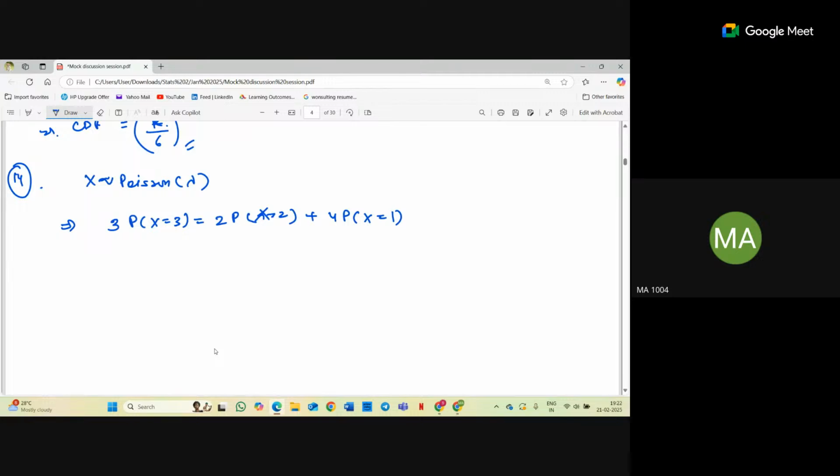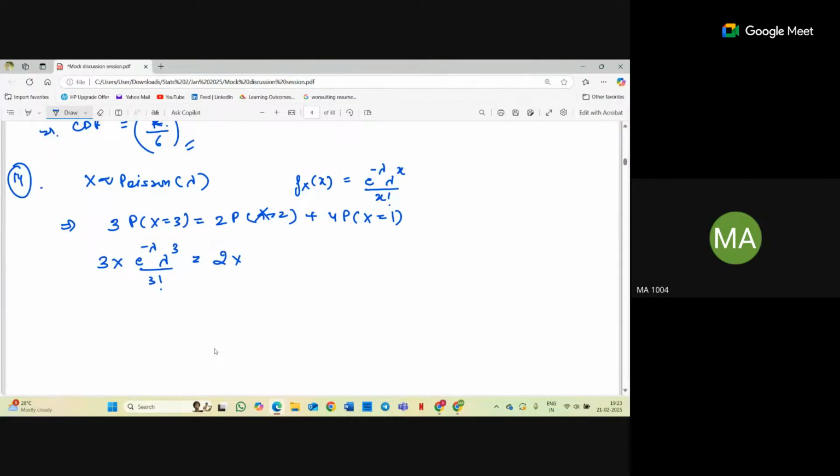Now, if x is following a Poisson distribution, what is the PDF? e raised to minus lambda, lambda raised to the power x divided by x factorial. Now, 3 into probability of x equals 3 would be e raised to minus lambda, lambda raised to 3 divided by 3 factorial.